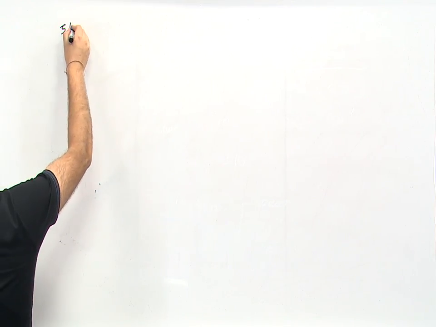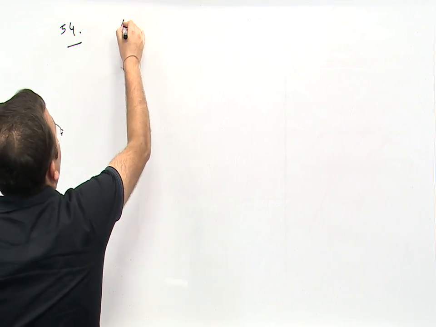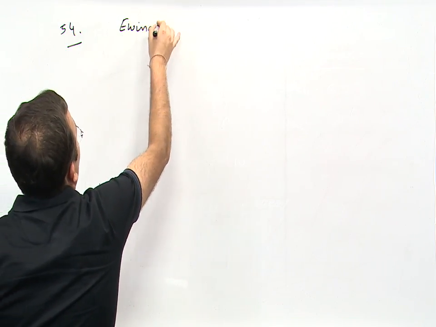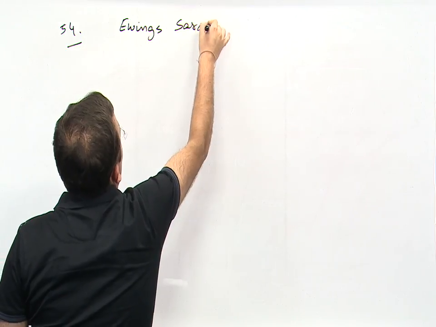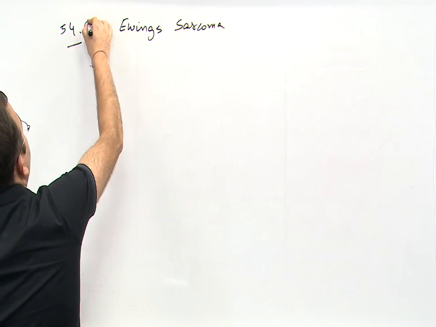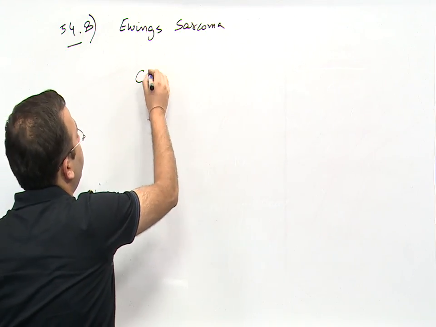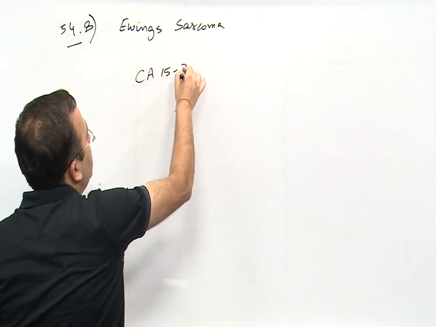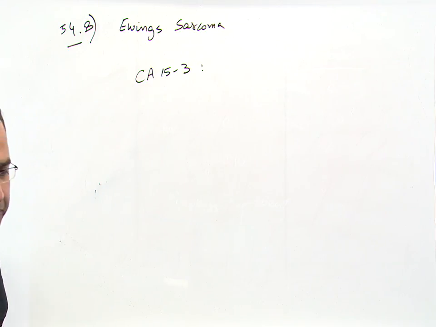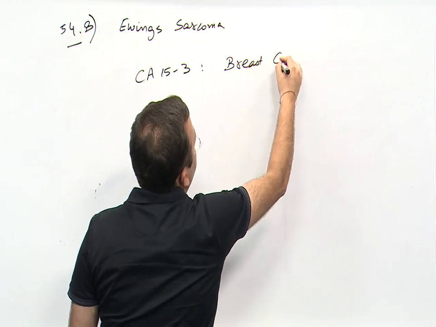Coming to the next question, question 54. MYC2 mutation is seen in Ewing's sarcoma. That is option B. Coming to the various other tumor markers, CA15-3 is for breast cancer.